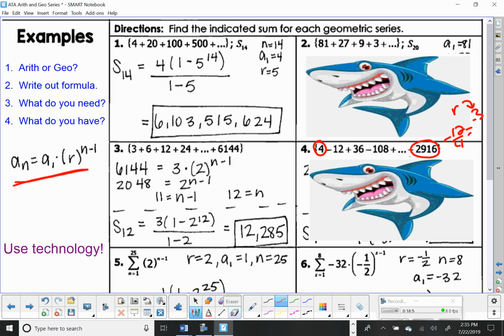I can use that information to find out how many terms I'm looking at, which turns out it's 7, and then from there I can fill everything in. Try number 2 and try to figure out number 4. And then for 5, 6, 7, and 8, please just use technology.